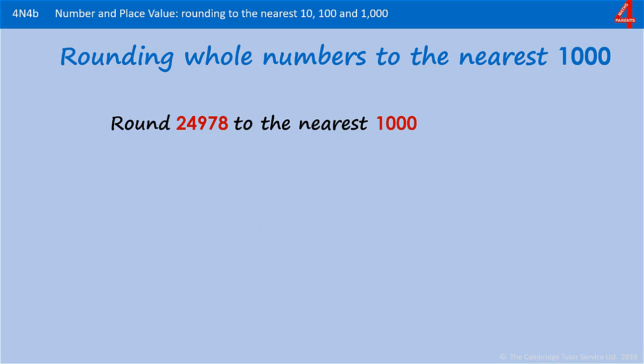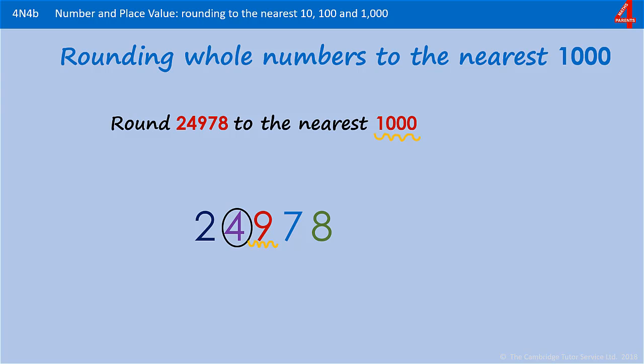This time we have a number that's 24,978, and we're rounding to the nearest thousand. Even though we have something in the 10,000s column, it's the thousands that we're focusing on, so we're still circling that digit that's in the thousands column, and that's 4,000.